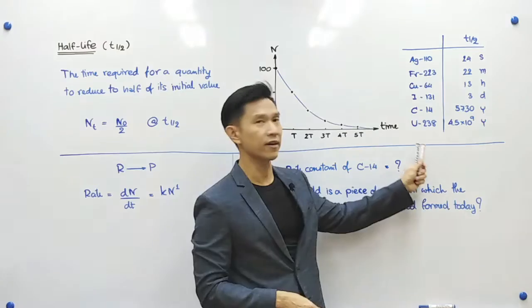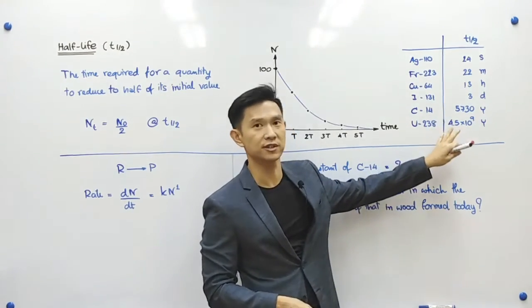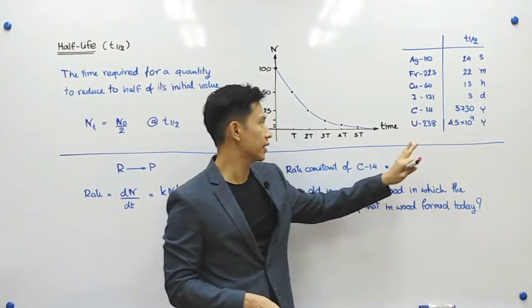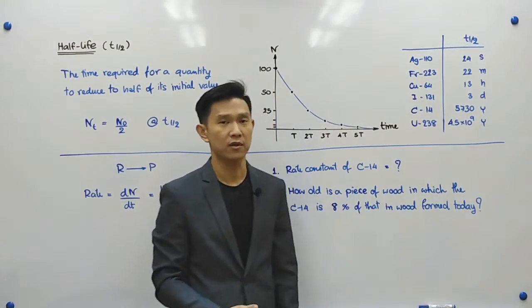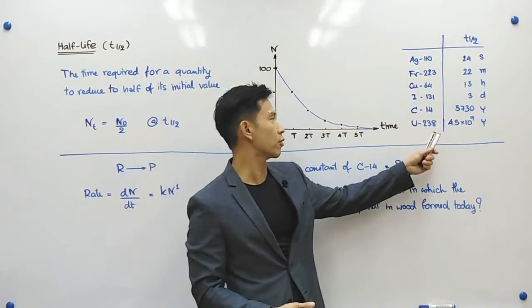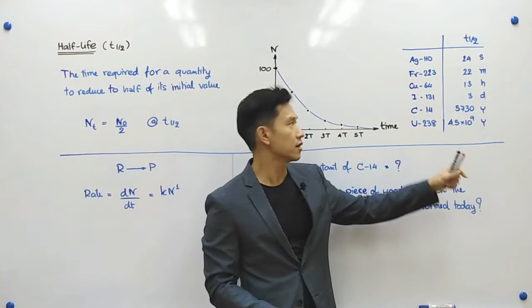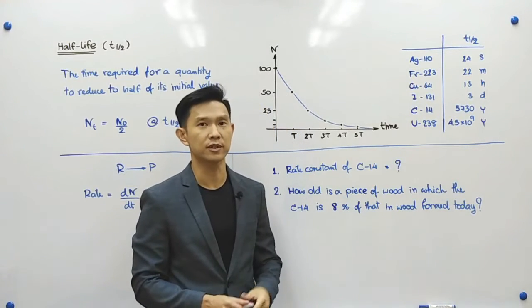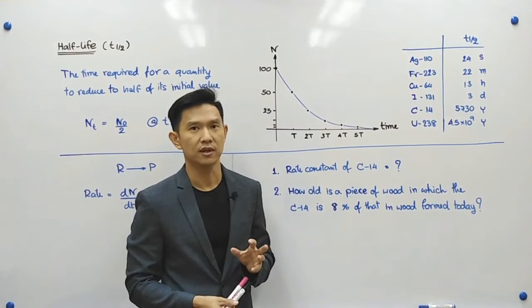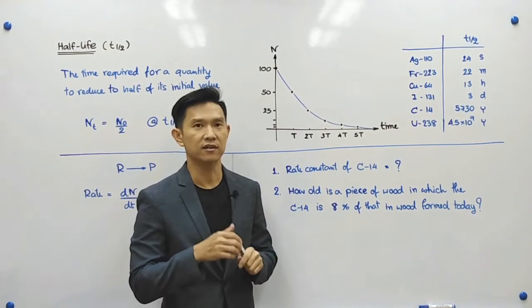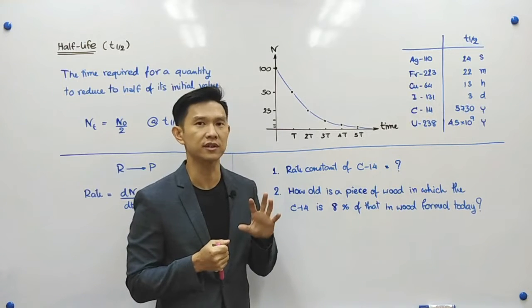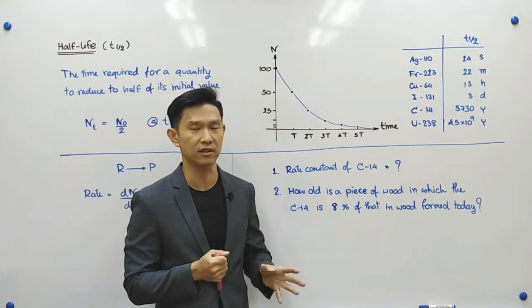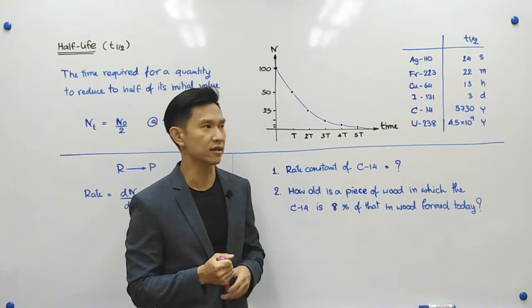The half-life of carbon-14 is almost 6,000 years, and for uranium-238, the half-life is even longer, 4.5 billion years. These are famous to be used as tools to find the age of things, what we call radioactive dating or radiometric dating.